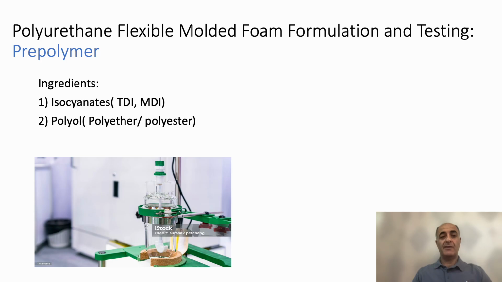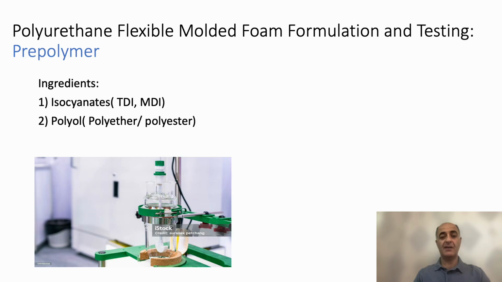The next part of the polyurethane molded foam formulation and testing will be making the prepolymer to join with the polyol blend and make the polyurethane foam. The ingredients we need for making the prepolymer will be, first, the isocyanates.